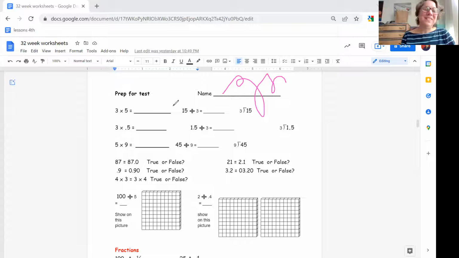All right, let's start out with the pretty basic stuff. 3 times 5 is 5, 10, 15, right? You see it? 1, 2, 3. Okay, 3 times 5 is 15. And this is a group, 15 divided by 3.